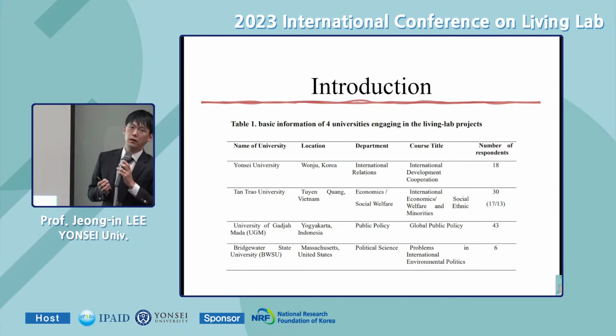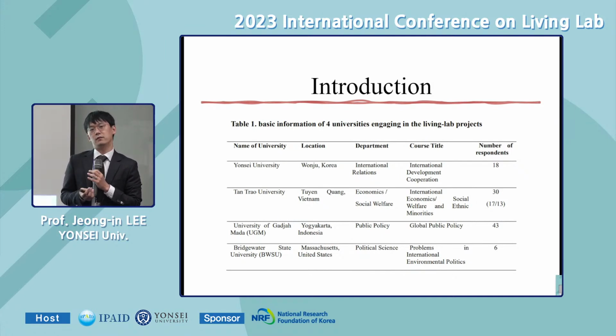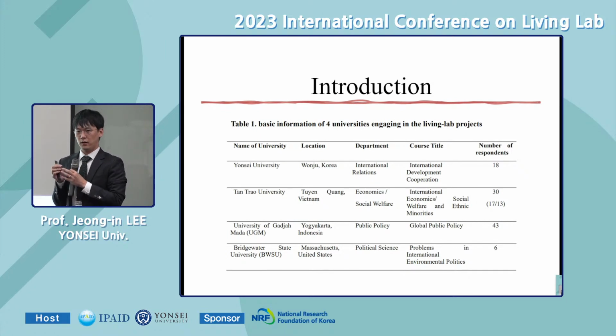So we made a survey before doing this. We asked the students to participate in the survey and answer the questionnaires. The total number of students joining the class is different from the number of respondents.